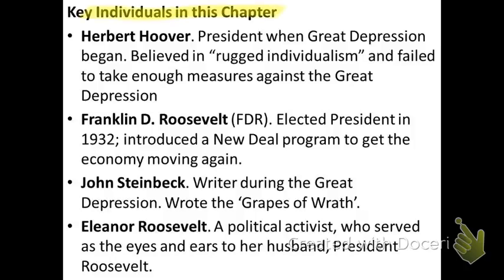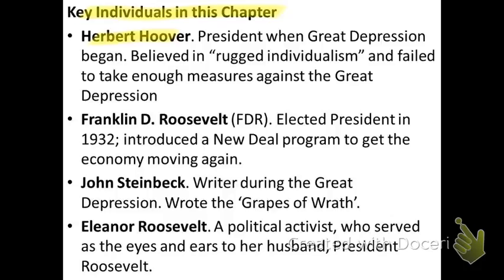Key individuals in this chapter: Herbert Hoover, president when the Great Depression began. That's not really true. It is arguable that the Great Depression began in 32, though there are others who would argue it began in 33 after he left office. He was in office when the Great Depression kind of got started, or one of the really big steps toward the Great Depression with the stock market collapsing. True, he was in office then. Did he do a whole lot?